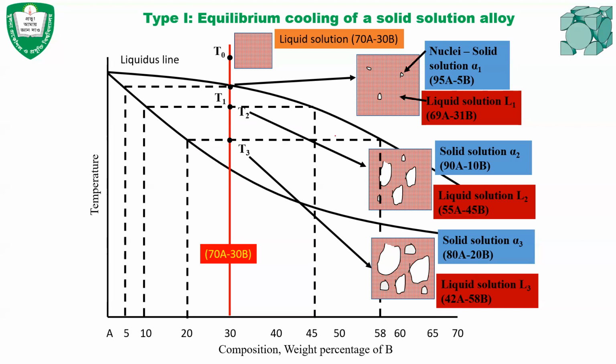And if you look at the chemical composition, as the temperature drops, in the solid the percentage of B is increasing according to the solidus line. Okay, and in the liquid, percentage of A is increasing according to the liquidus line.